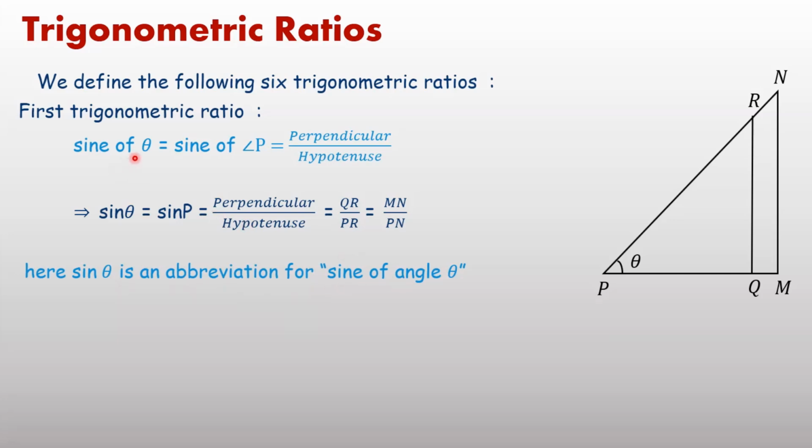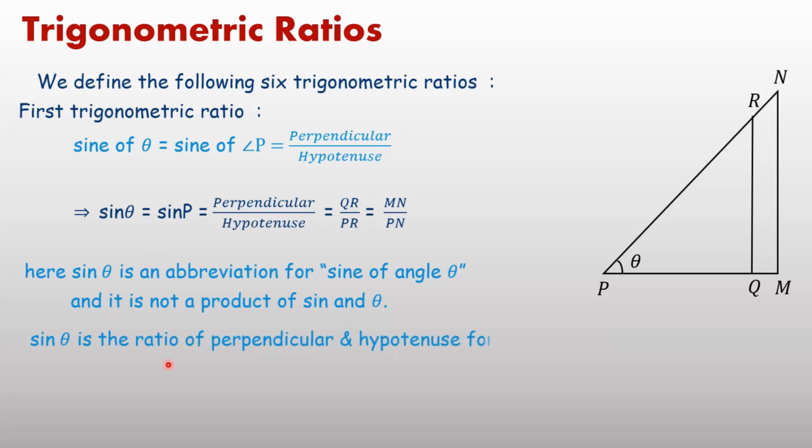In place of sine of angle theta, we can write sin theta. And one more thing to remember, sin theta does not imply the product of sine and theta. Sin theta means the ratio of perpendicular and hypotenuse for angle theta of a right angle triangle.